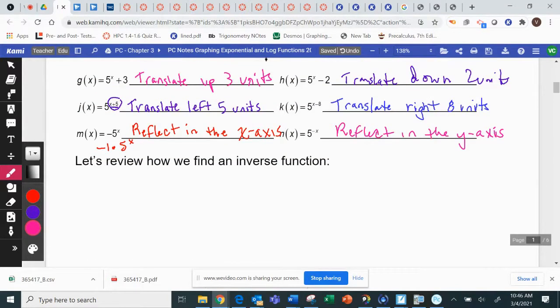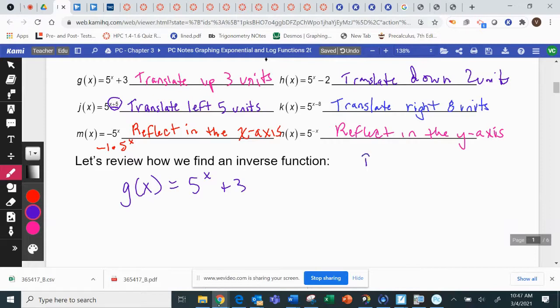All right. Last class, we learned how to find an inverse function. So I'll just use the one that we just had up there. Actually, let me pick one of these. Let's do g of x. So let's review from last class how we find an inverse function.